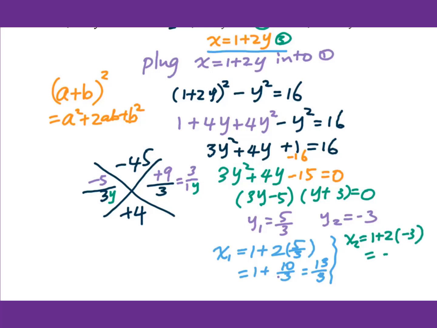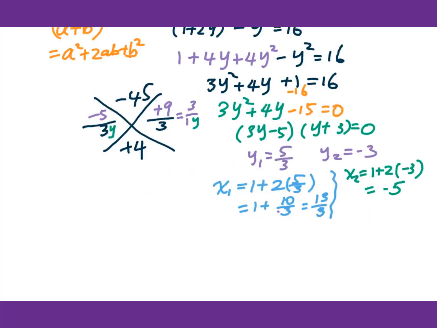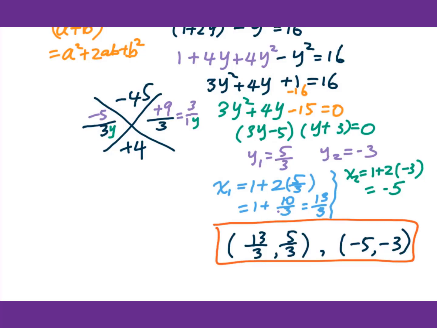That is negative 5. Therefore, the solutions will be (13 over 3, 5 over 3) and (negative 5, negative 3). We have two solutions to this system of equations.